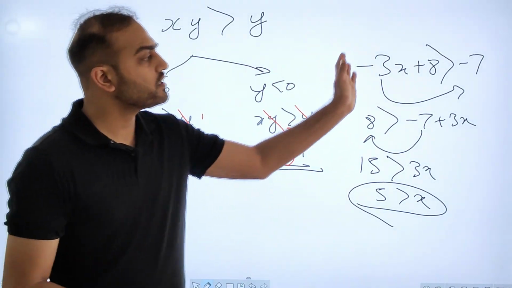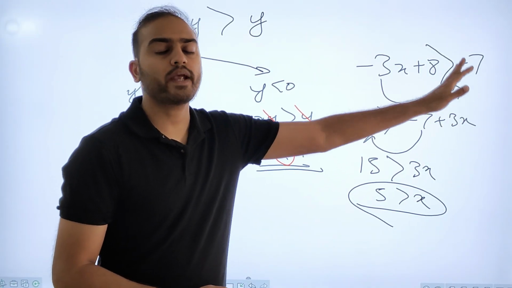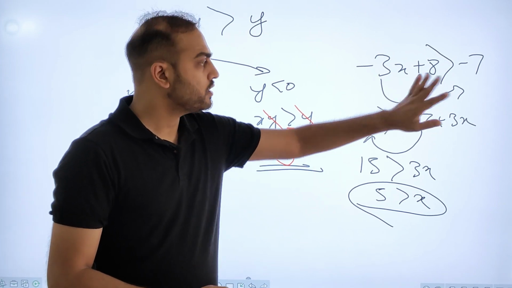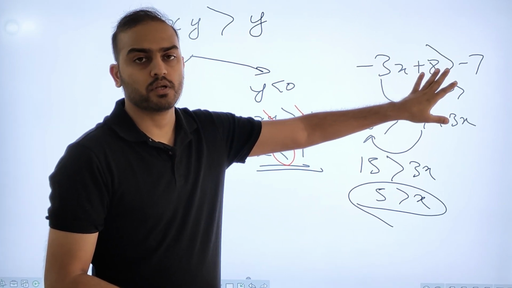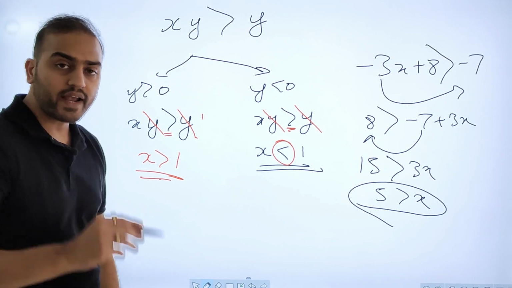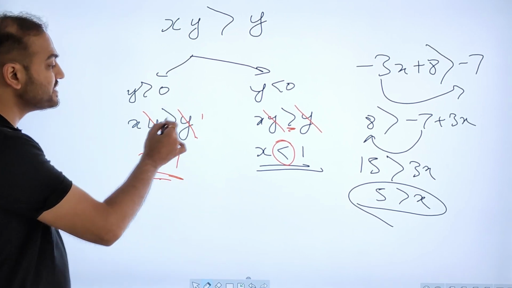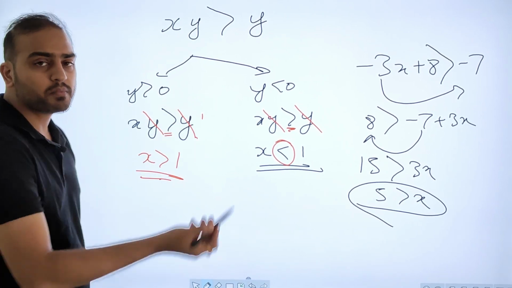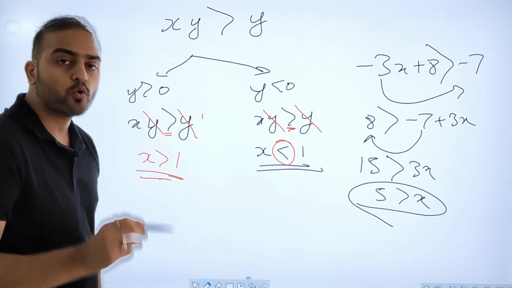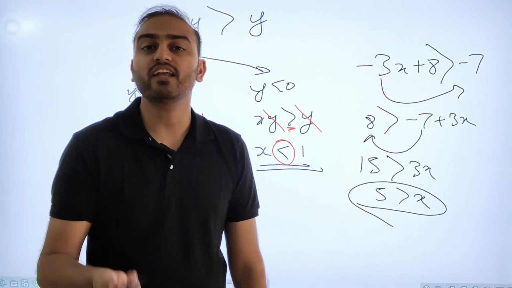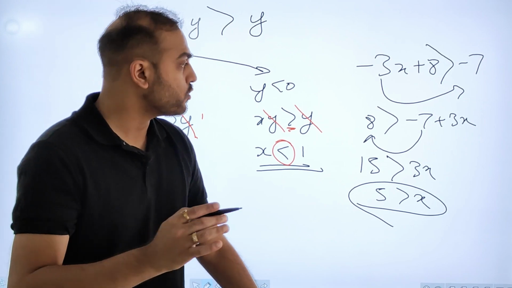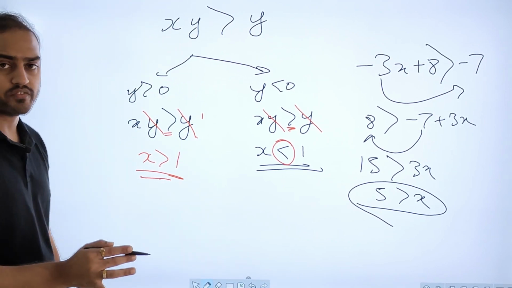So if you are just shifting the variable from left to right or right to left, it behaves like a normal equation. But if you are dividing by a variable, cancelling a variable or cross multiplying a variable, you can only do that if you know the sign of the variable.